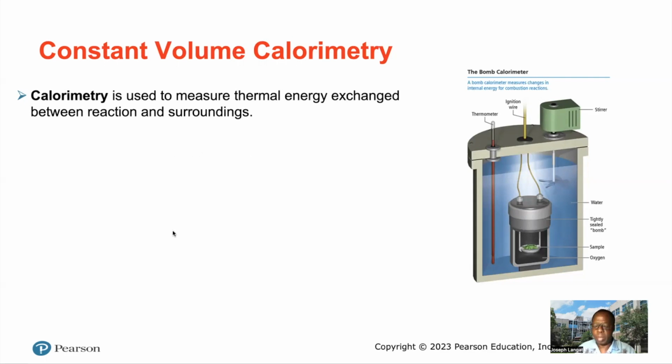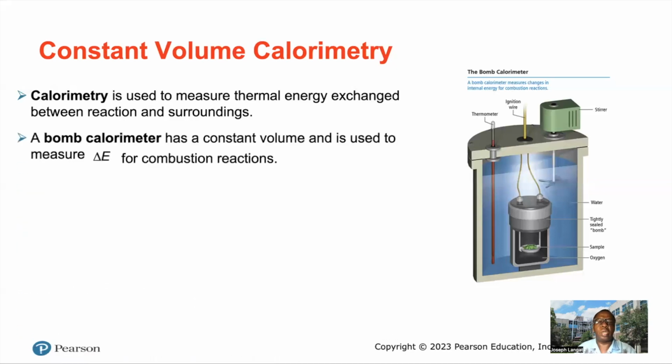Calorimetry is the process by which you measure the change in energy. The bomb calorimeter has a constant volume because the volume is not changing here, and we measure change in internal energy. The coffee cup calorimeter, that is constant pressure, measures only the heat of reaction.